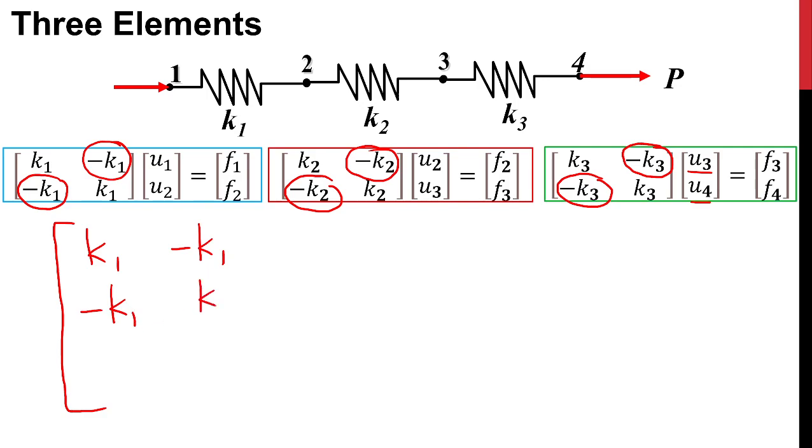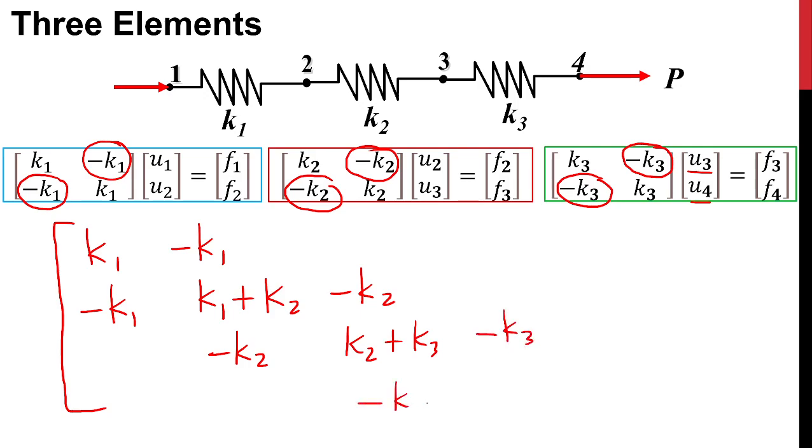Yang ni K1 campur K2. Negatif K2, negatif K2. Yang ni K2 tapi campur K3. Sebelah dia negatif K3, negatif K3. Lepas tu sini K3.